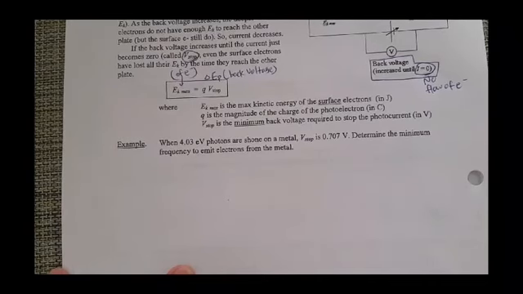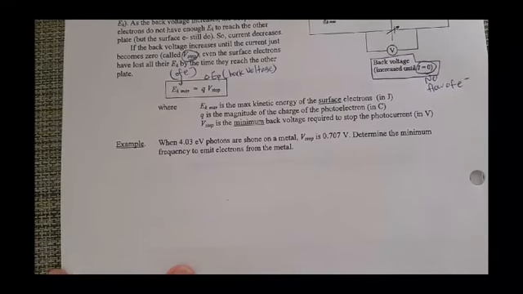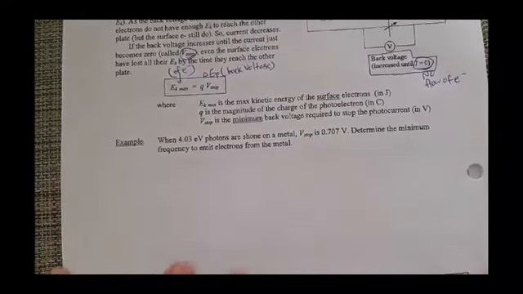You can substitute that formula in. So eventually, EK max, which is the maximum kinetic energy of the surface electron, is equal to Q, the magnitude of the charge of the photoelectron, times V stop, which is the minimum back voltage that is required to stop the photocurrent. So it is a simple relationship connecting the left side and right side.